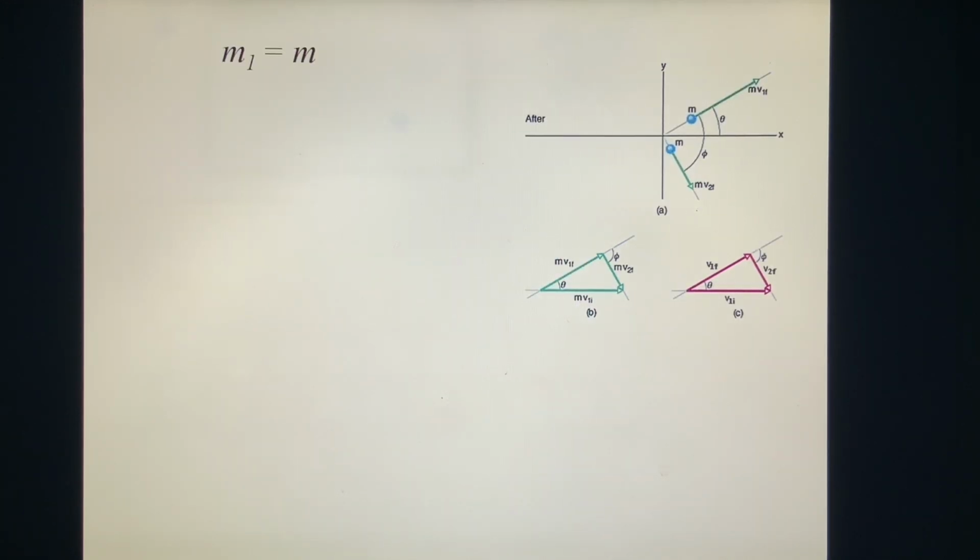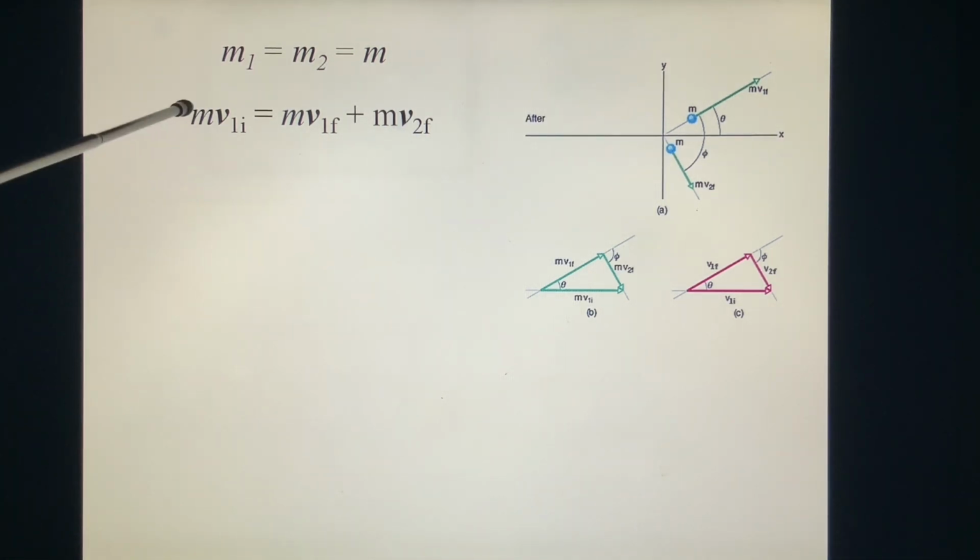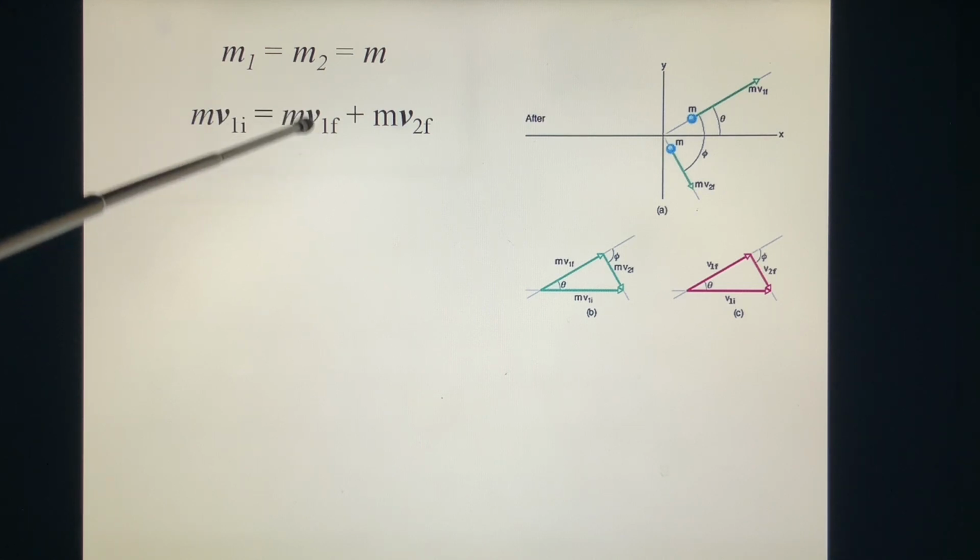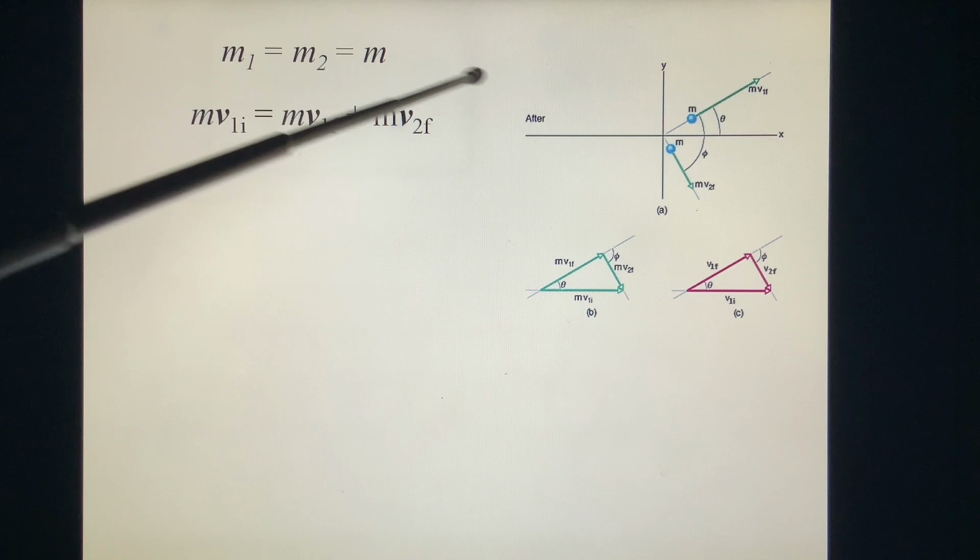Now let's see this one. M1 equals M2 equals M. So we have linear momentum conserved. The first one is M1 V1 initial, the second one is 0, at rest, stationary. After the collision, you have M V1 final plus M V2 final. This is the equation.